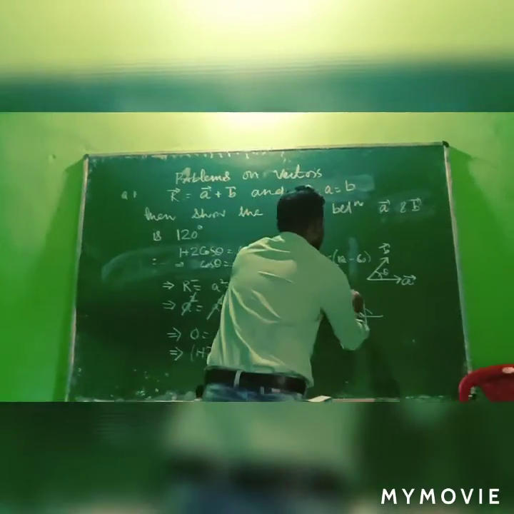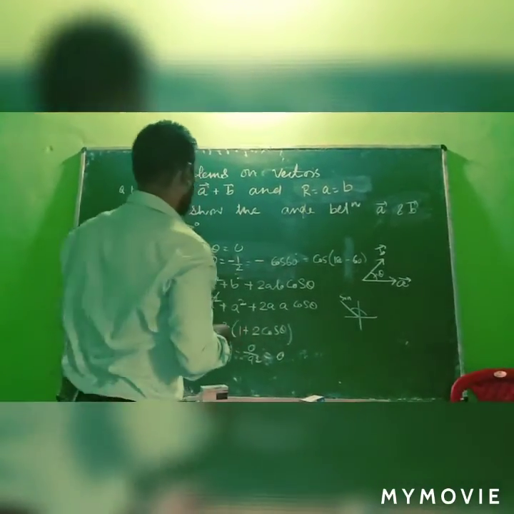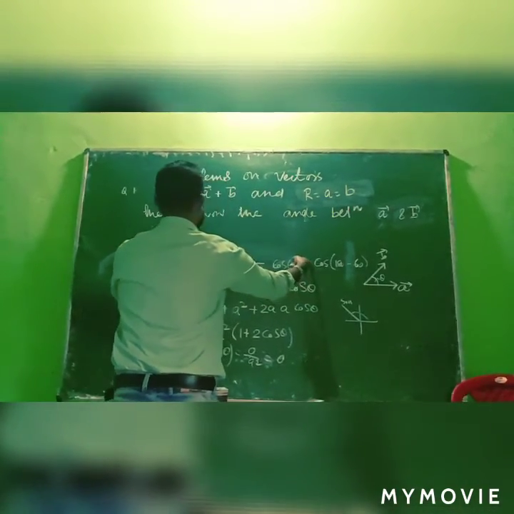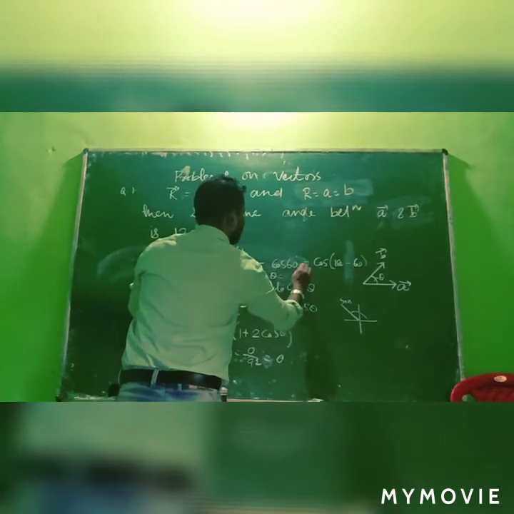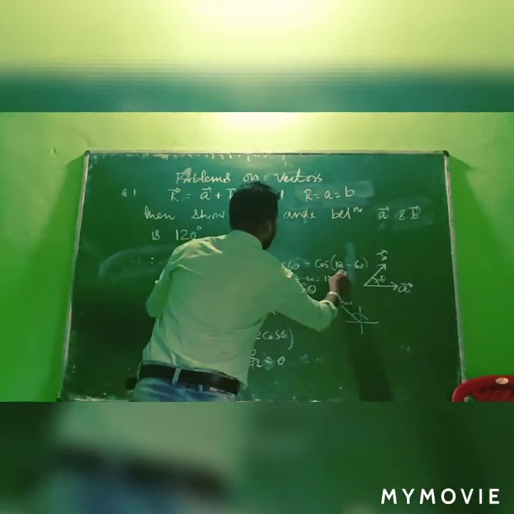Second quadrant is for sine function, so cos will be negative. Fine. So now on the right hand side cos is positive, left hand side cos is positive. So cos gets cancelled. Theta equal to 180 minus 60, that is equal to 120.